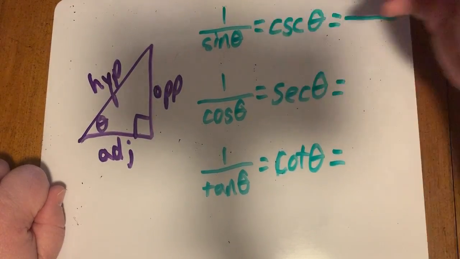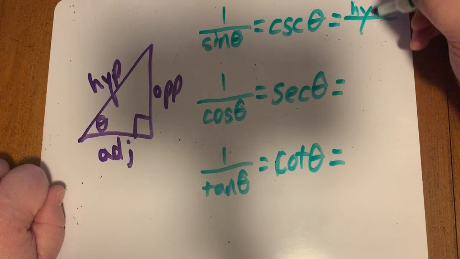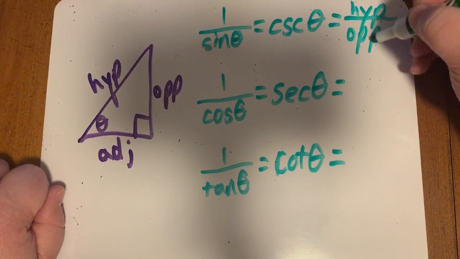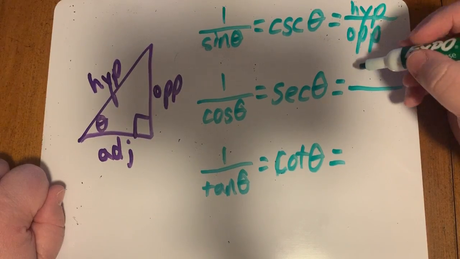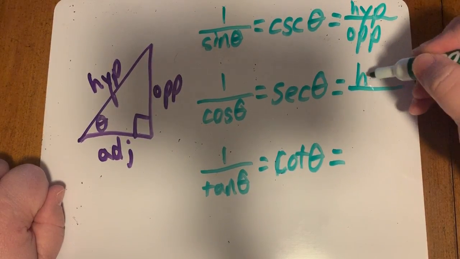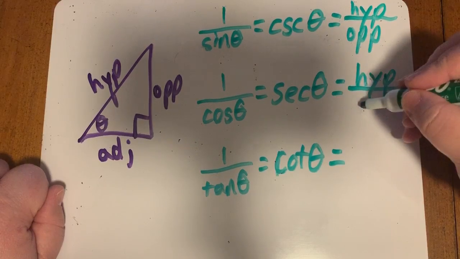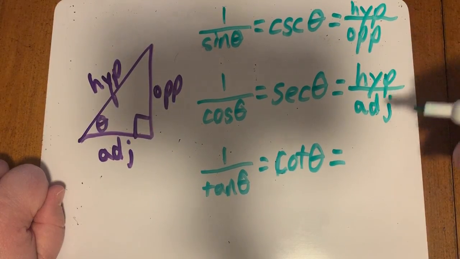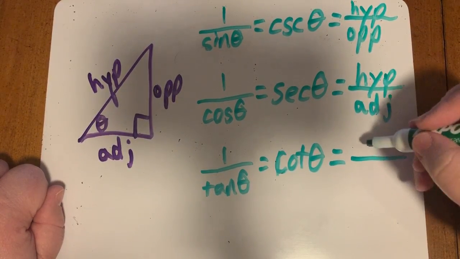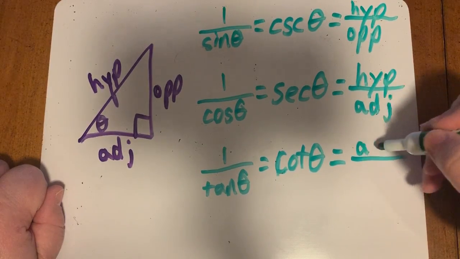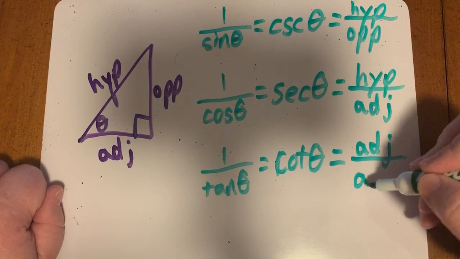So cosecant's the reciprocal of sine, so instead of opposite over hypotenuse, it's hypotenuse over opposite. Reciprocal of cosine is secant, so instead of adjacent over hypotenuse, it's hypotenuse over adjacent. And reciprocal of tangent is cotangent, so instead of opposite over adjacent, it's adjacent over opposite.